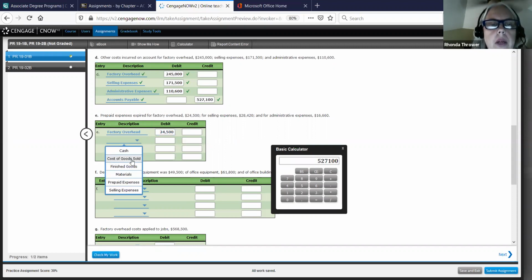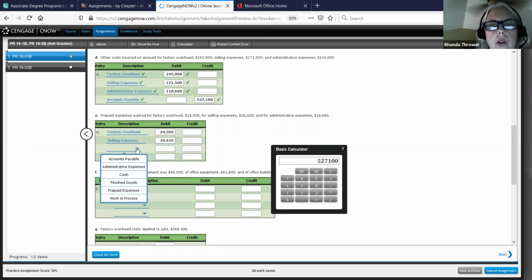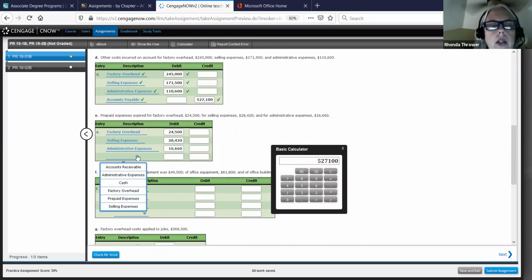I'm going to debit my selling expenses for $28,420. My administrative expenses for 16,660. And then I'm going to credit the total of these to my prepaid expenses.